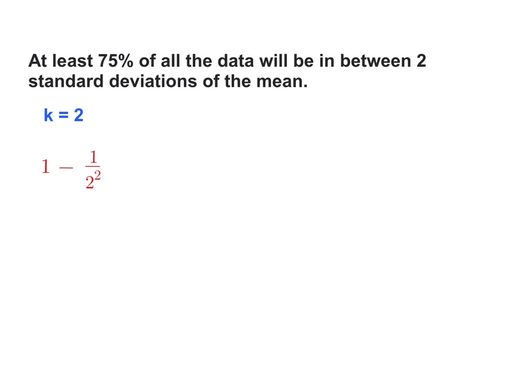If I plug this into Chebyshev's theorem, this is 1 minus 1/4, which is 3/4 or 75%. So within two standard deviations, at least 75% of all the data, which means there could be 25% of the data outside of 2 standard deviations. And at the end, I'm going to show you a nice little graph that I think is going to help make it make a little more sense.